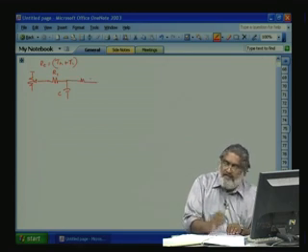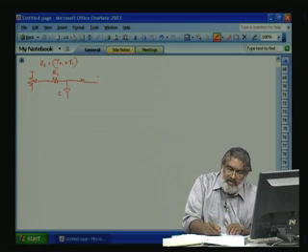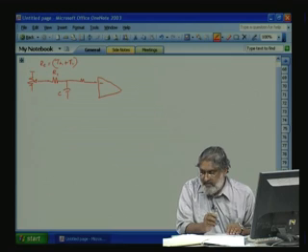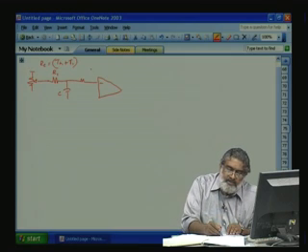Then we give it to an operational amplifier, and this is our R feedback.